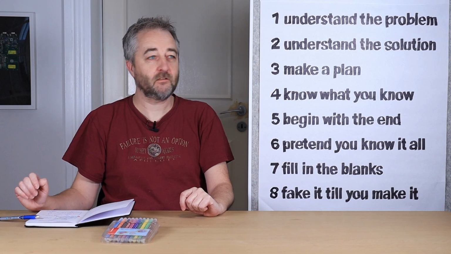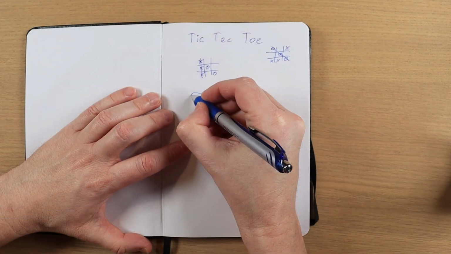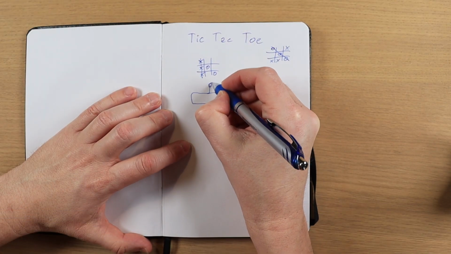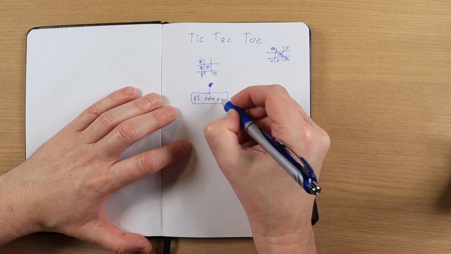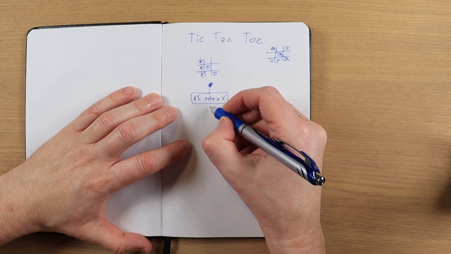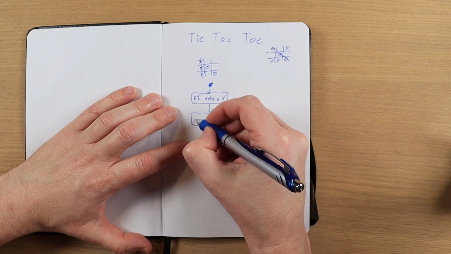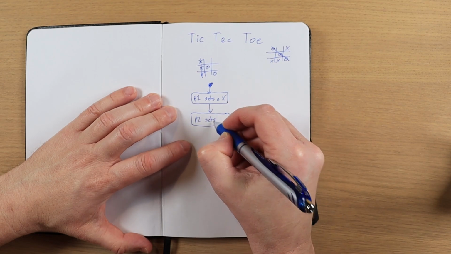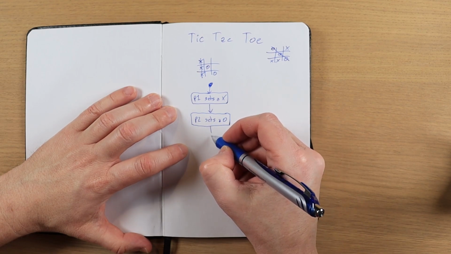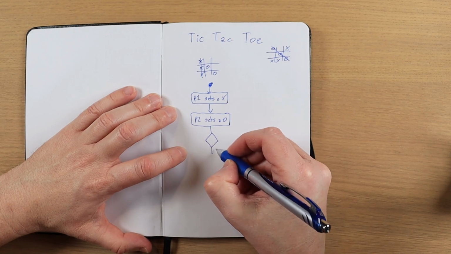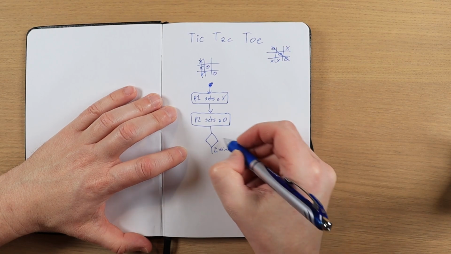Let me get on with the next thing. Understand the solution. Figure out how the game is actually played. So the rules of the game would be: first, player 1 sets a cross, and then after that, player 2 sets a circle or an O or whatever we call it, and then we check if there is a winner or not.